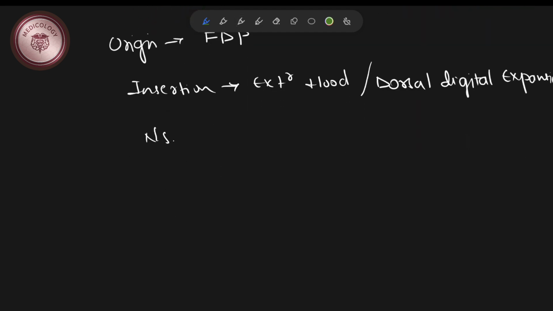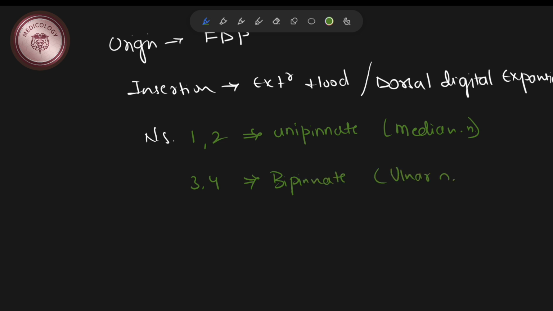The first and second, they are unipinnate, supplied by the median nerve. The third and fourth, they are bipinnate, supplied by the ulnar nerve.